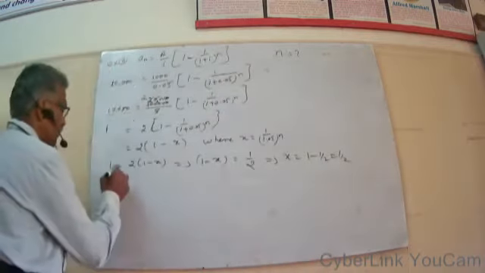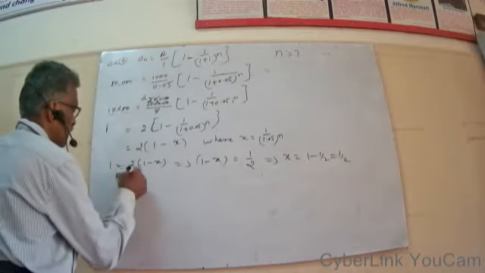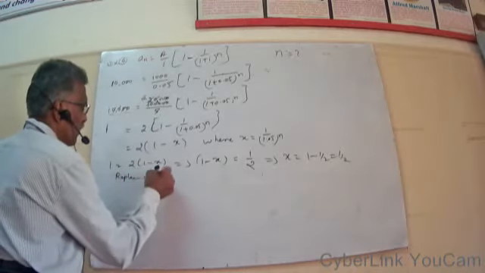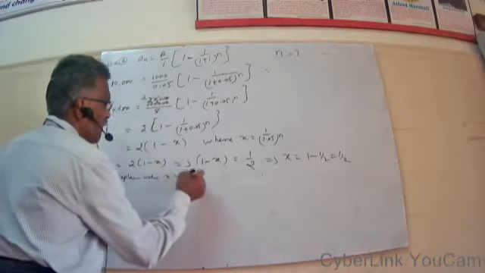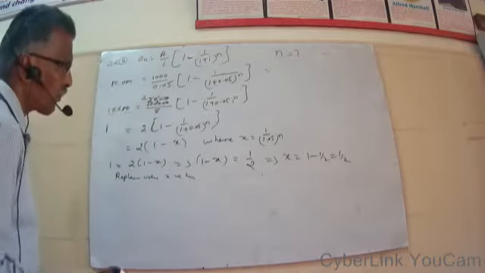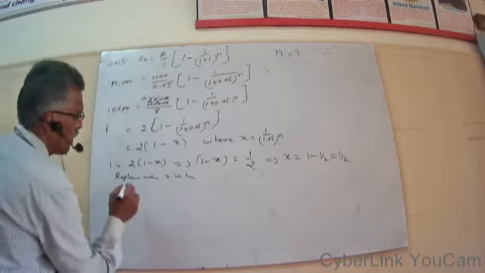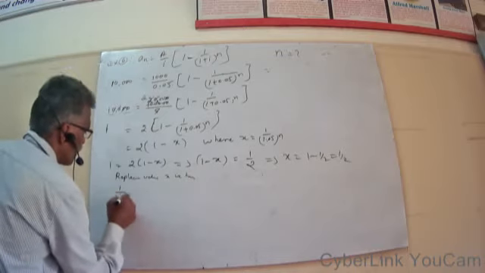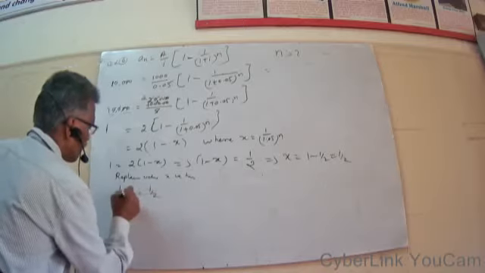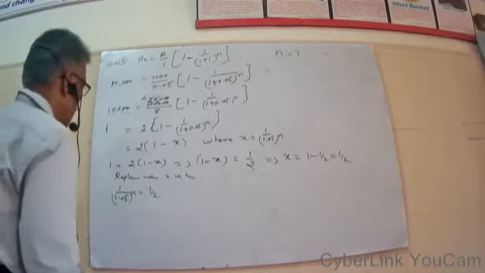Now replacing the value of x, we have 1 upon 1.05 raised to n equal to half. So cross multiplication.